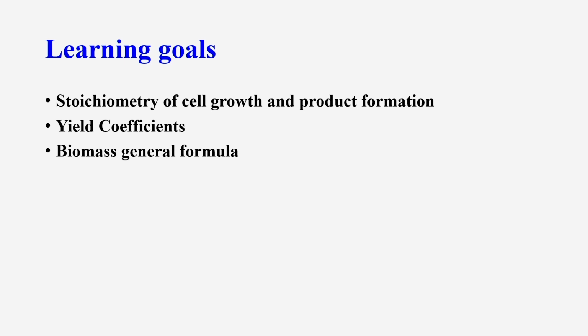As you remember from the last class, for material and mass balance we require a flow diagram as well as the stoichiometric equation. So, today we will see this stoichiometry for the cell growth as well as for the product formation.